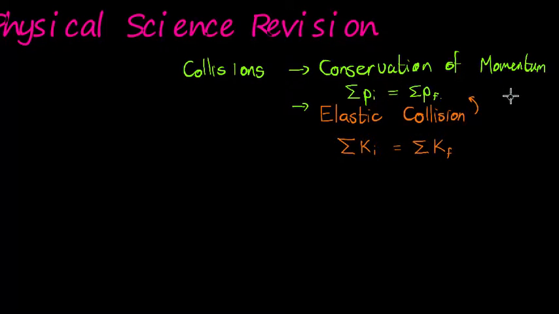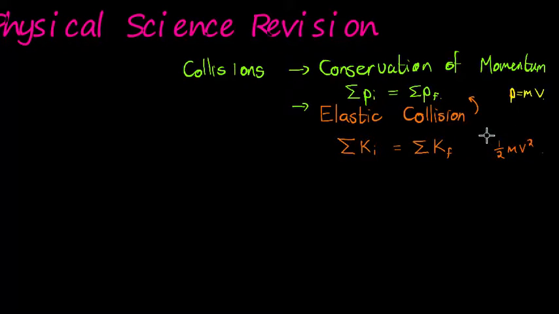Now you need to know that momentum is mass times velocity, and kinetic energy is half mass times velocity squared. So you take every element in that system, mass times velocity, add them together before, add them together after, and it always has to be equal in an isolated system.